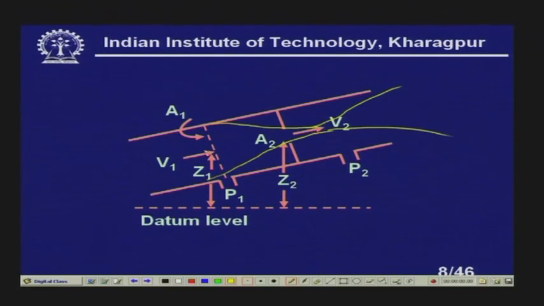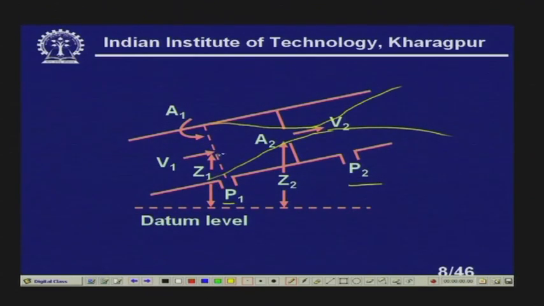Now, the area of cross section upstream we are taking as A1, and the area of cross section of the restriction or constriction is A2. P1 is the upstream pressure tap, and P2 is the downstream pressure tap.